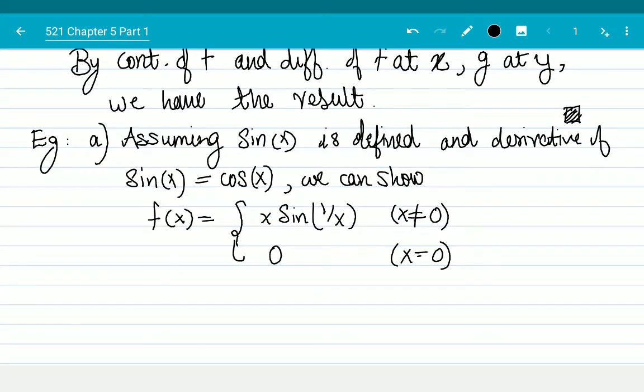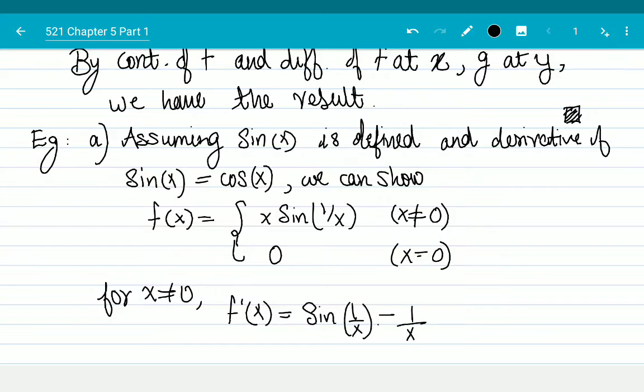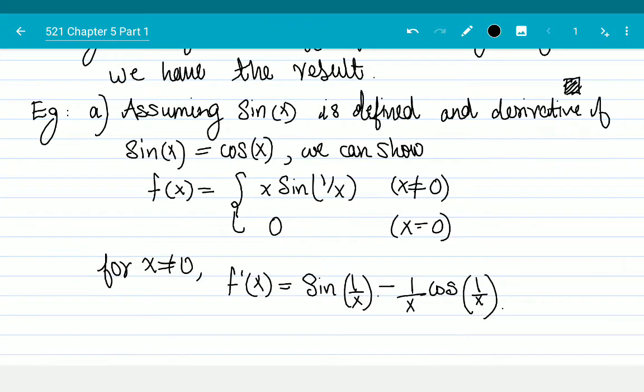Okay. For x not equal to 0, f prime of x is equal to sine of 1 over x minus 1 over x cosine of 1 over x. Okay? Because the derivative of 1 over x is negative 1 over x squared, which by multiplication with x is going to give negative 1 over x.